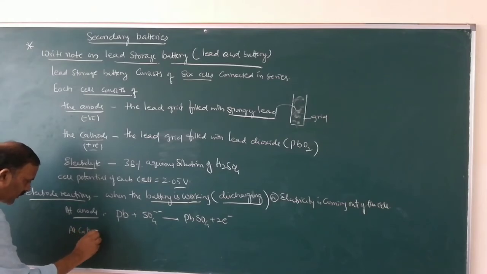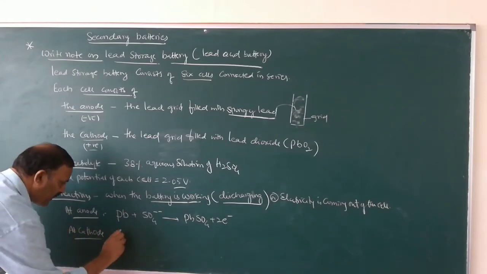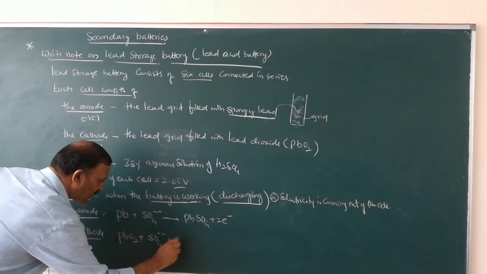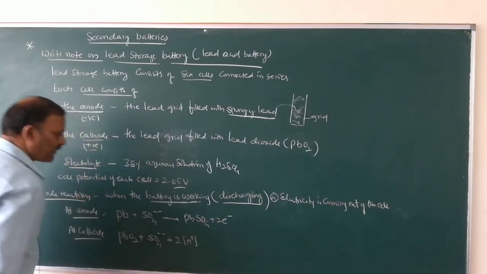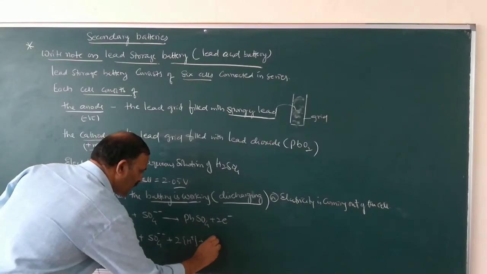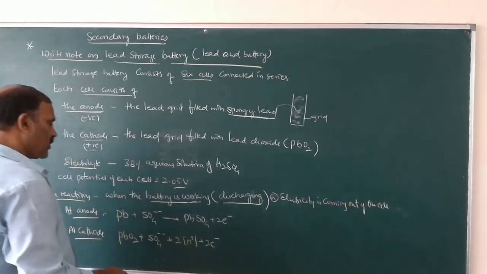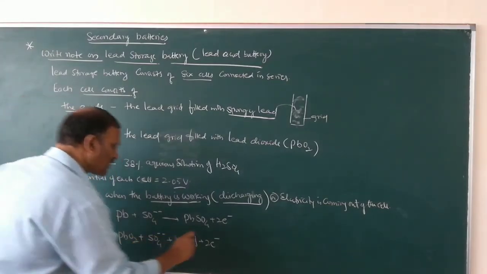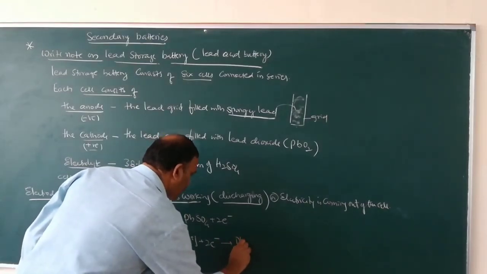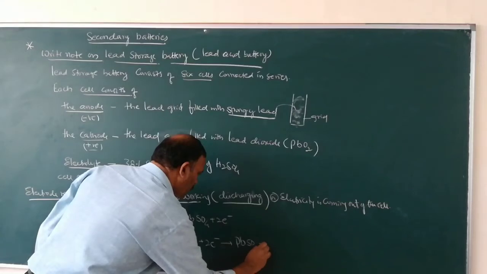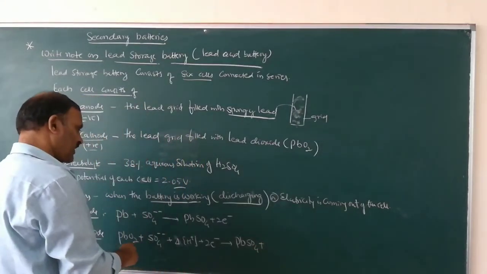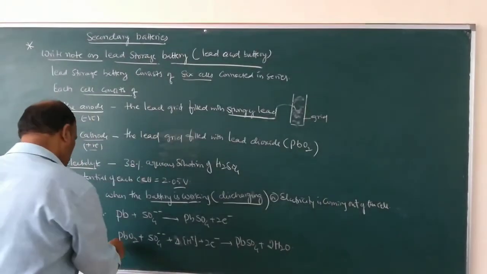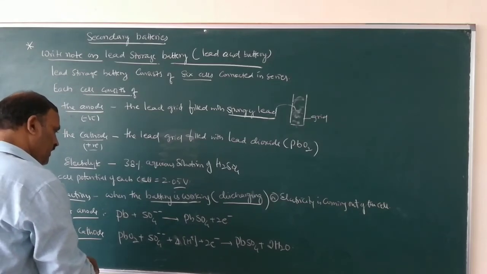At cathode, PbO2 plus SO4 2 minus plus 4H plus plus 2 electrons gives PbSO4 plus 2H2O.